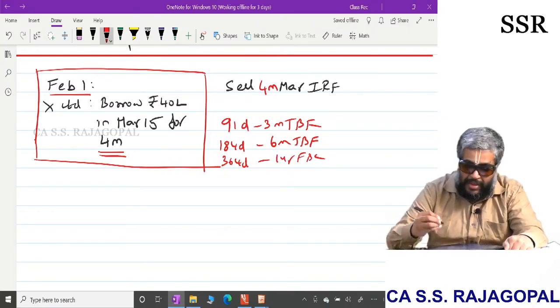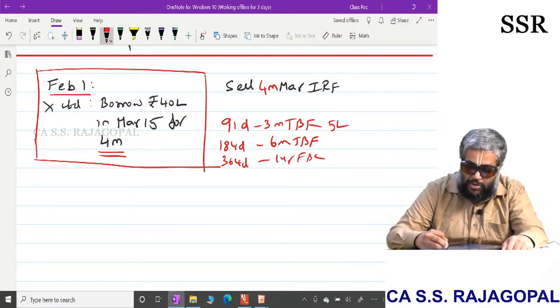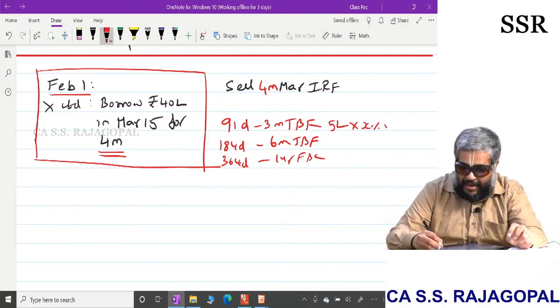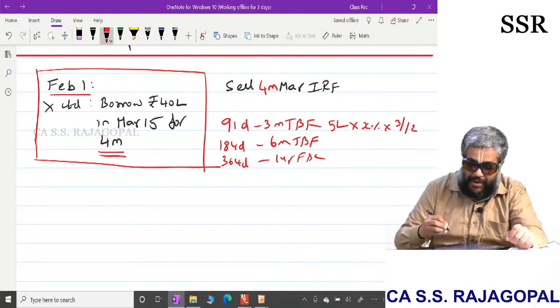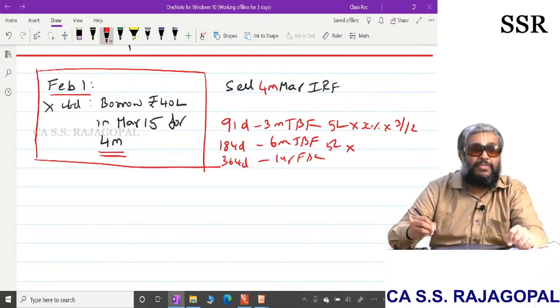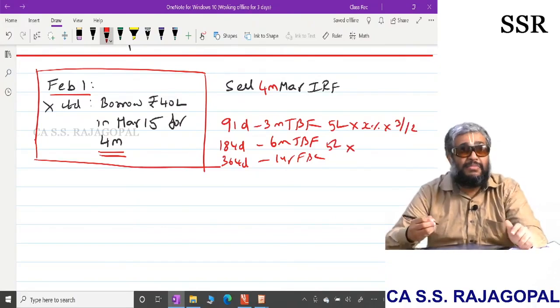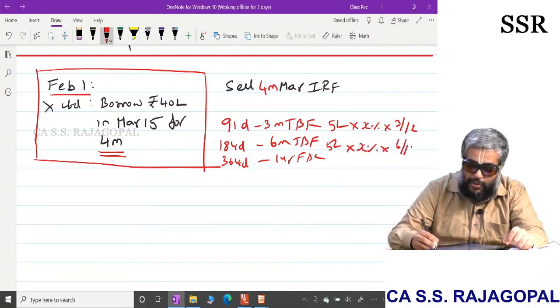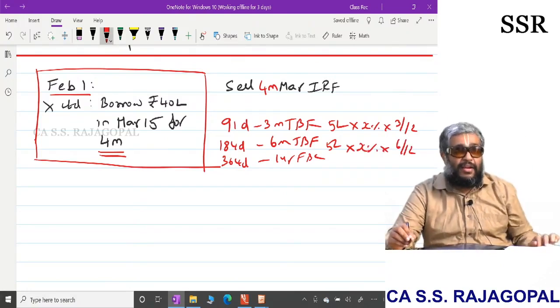In all this, on the notional principal, suppose of 5 lakhs, they will apply the X percentage interest gain or loss into 3 by 12. On the notional principal of 5 lakhs, in case of a 6 months T-bill futures, they will apply X% gain or loss into 6 by 12 as the amount of gain or loss.